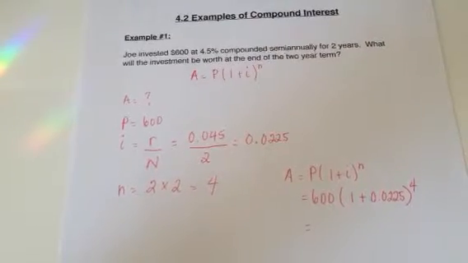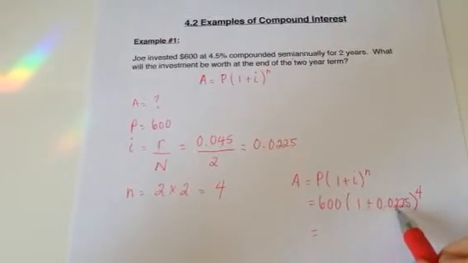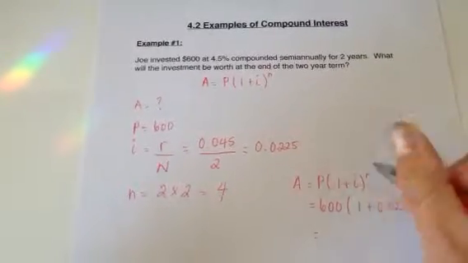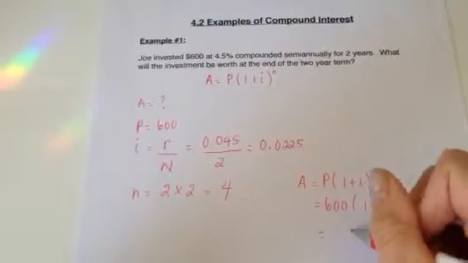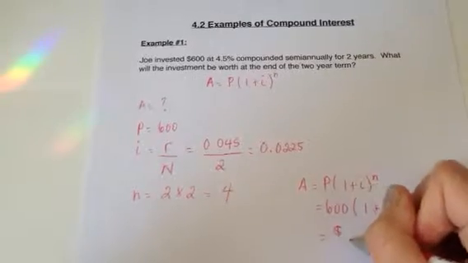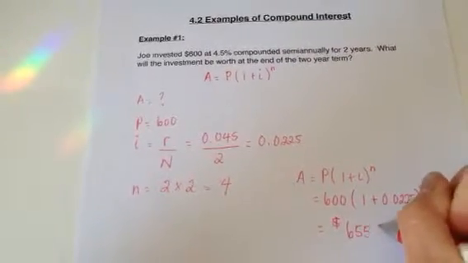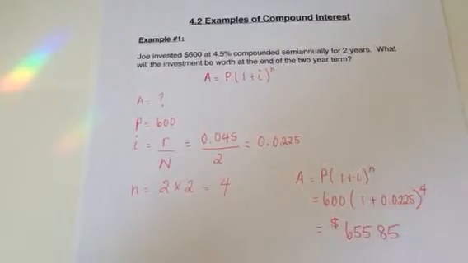So you have to remember to do the bracket value first, then the exponent of 4, and then multiply by 600, and you will get $655.85.